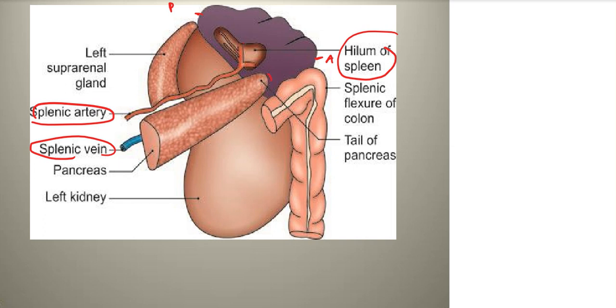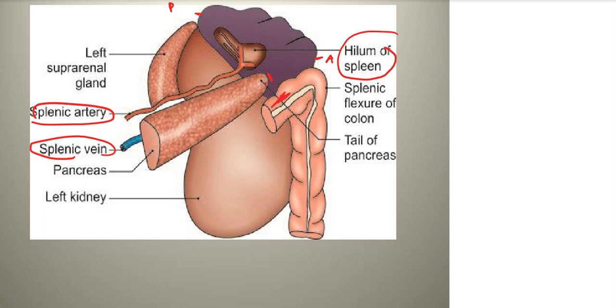Next, this is the impression for pancreas. This is the tail of pancreas, and because of this there is an impression on spleen called pancreatic impression. At the anterior end of the spleen, there is an impression for splenic flexure.